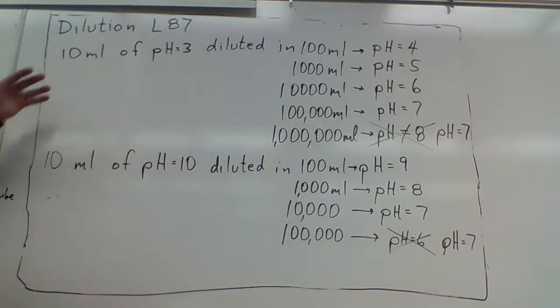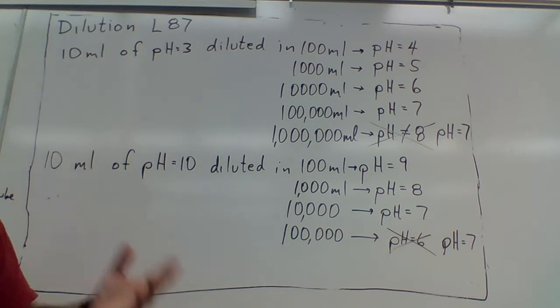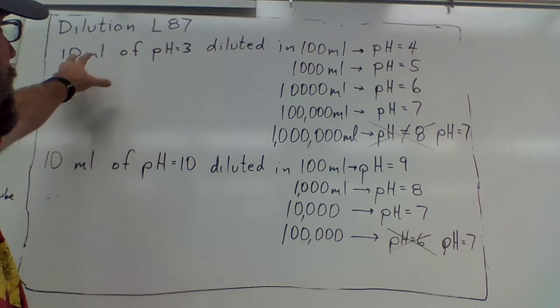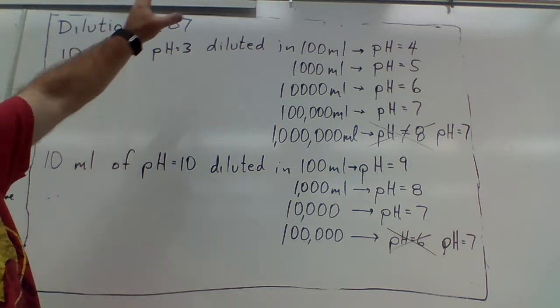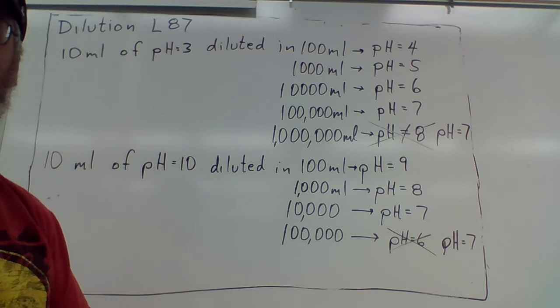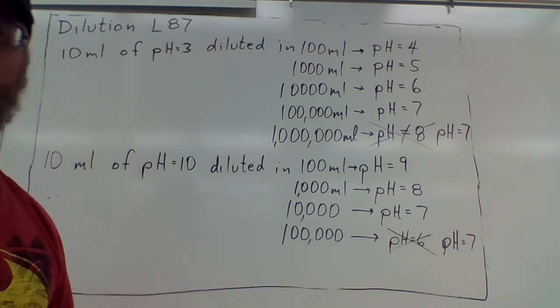I've got 10 milliliters of an acid that is pH of 3. If I dilute that 10 times, put it into 100 milliliters, so 10 milliliters plus 90 milliliters of water added to it, so it has a total of 100 milliliters now, would give me a pH of 4.